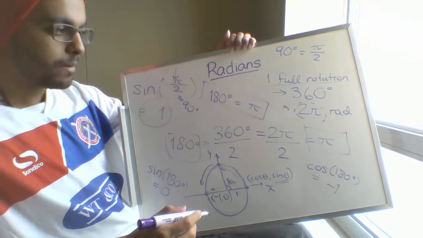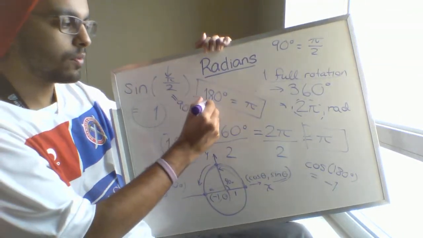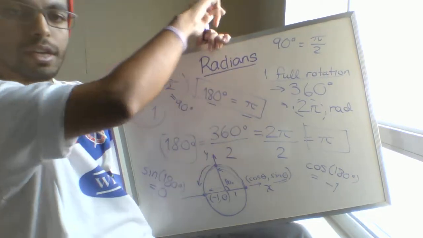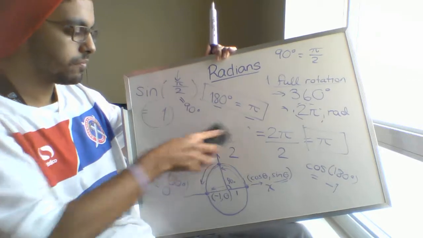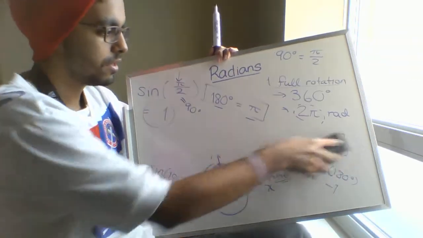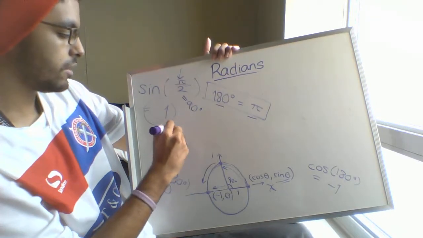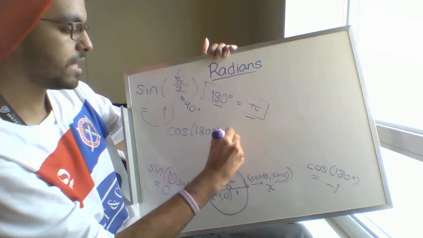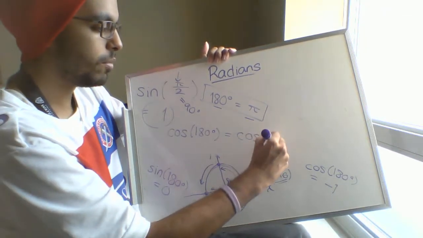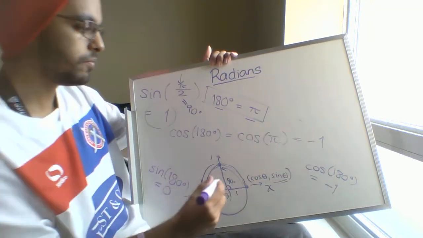And this information is useful to us because we know how to write 180 degrees in radians. So cosine of 180 degrees is the same thing as cosine of pi, which is -1.